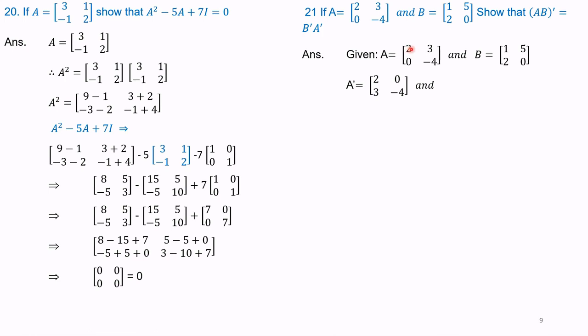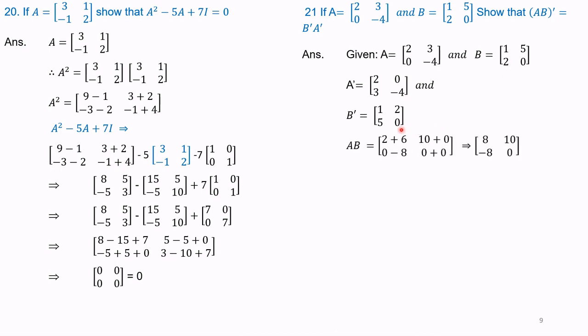Row 2, 3 becomes column 2, 3 in A dash. Row 0 minus 4 becomes the second column in A dash, that is 0 minus 4. And B dash is equal to 1 5, row 1 5 becomes column 1 5, and row 2 0 becomes 2 0.